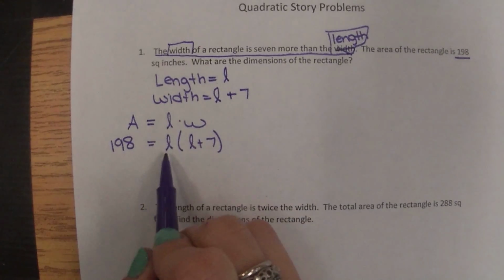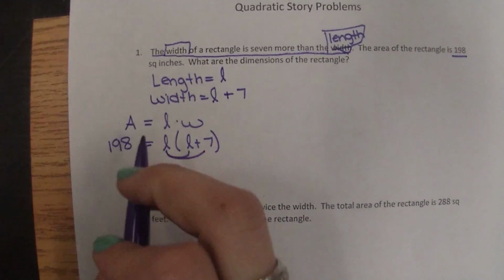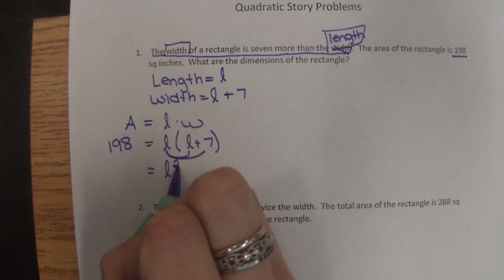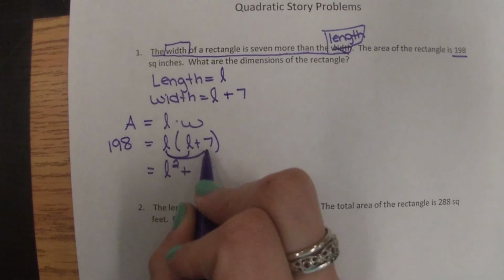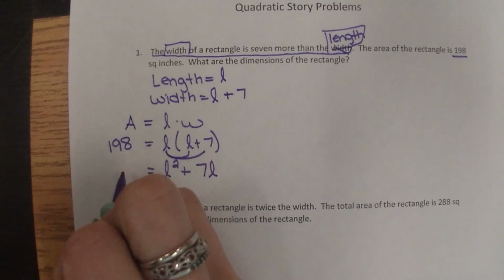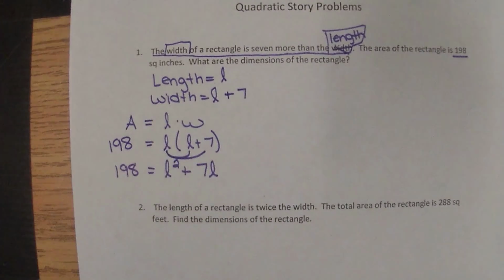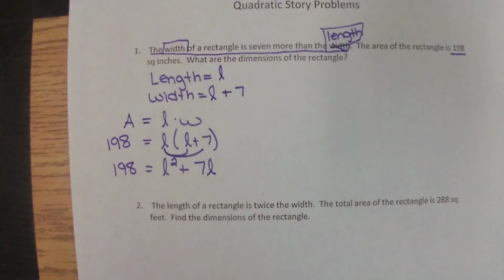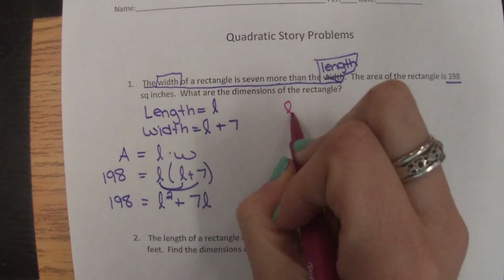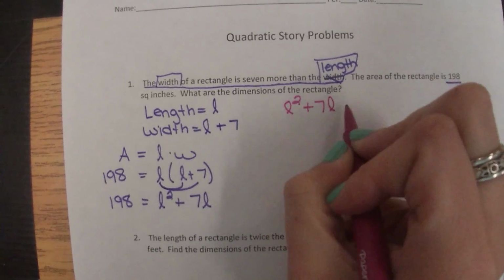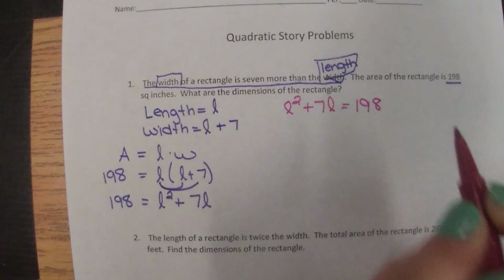So if we want to solve this, right, we're going to distribute. So L times L is L squared. L times 7 is 7L. And if you want to rewrite this to what we're used to, we would probably say, here, let me get a different color so we don't sort of get confused of what's happening where. We would probably rewrite this into L squared plus 7L equals 198.